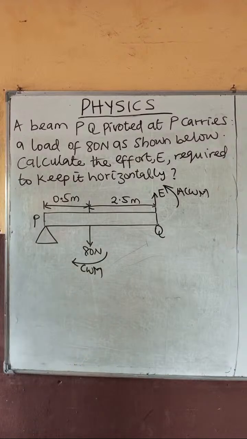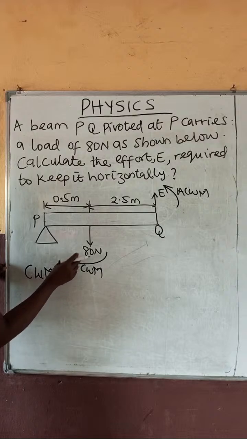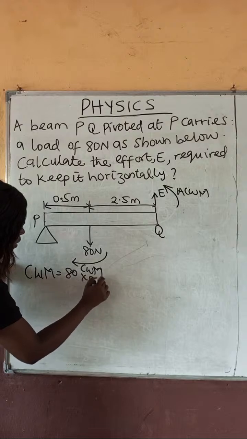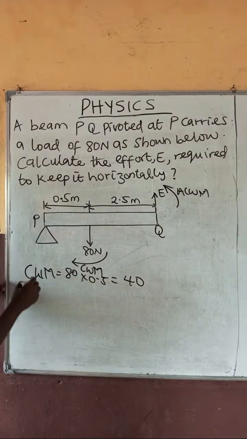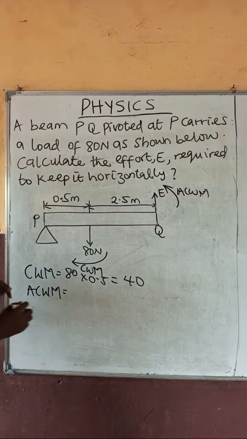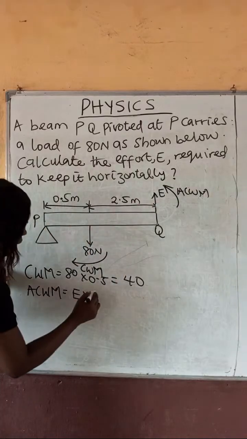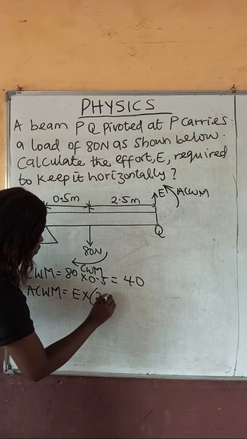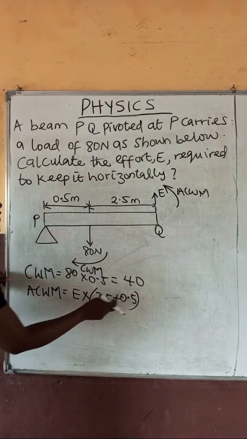Clockwise moment is equal to 80 times 0.5, that is 40. Anti-clockwise moment is E times, in bracket, 2.5 plus 0.5, which gives 3.